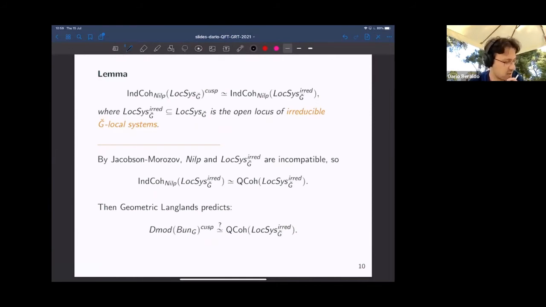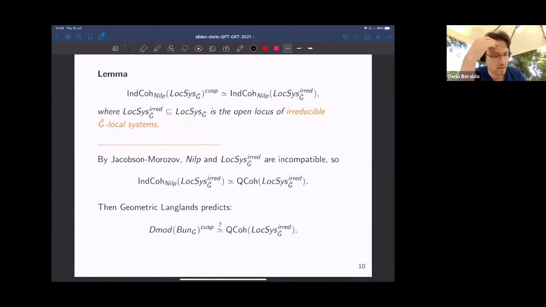And then the key observation that leads to the Ramanujan conjecture is that the nilpotent cone that I'm considering and this locus of irreducible local systems don't go very well together. Because what's an element of the nilpotent cone?